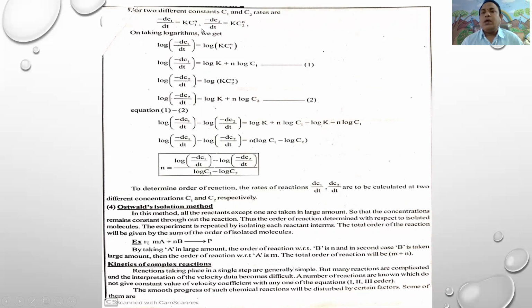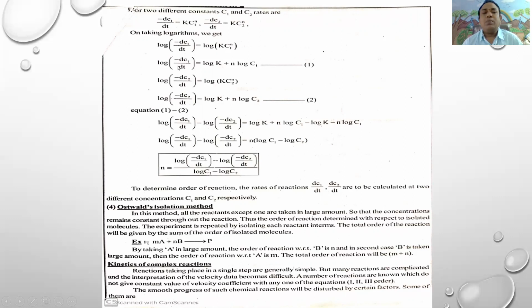Similarly, in another chemical reaction, C2 reactants are converted into products. According to the law of mass action, minus dC2 by dt equals K into C2 to the power of n. Here, on taking logarithm on both sides of the above two reactions, log(minus dC1 by dt) equals log K into C1 to the power of n.